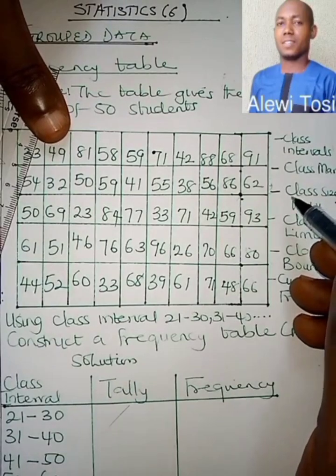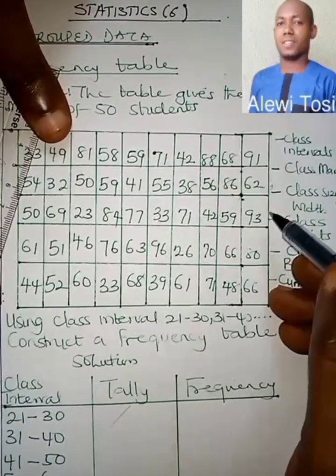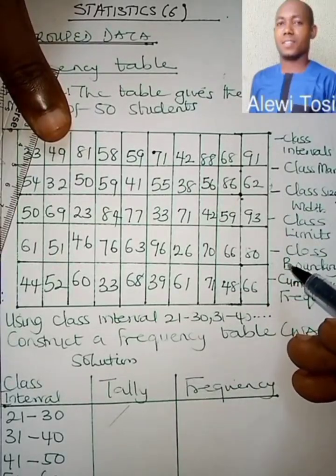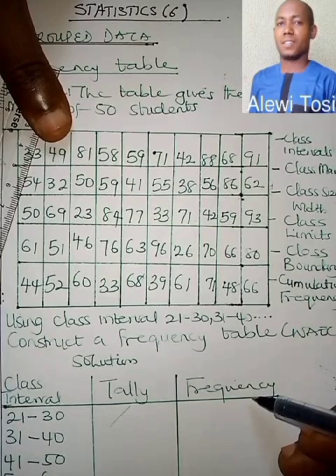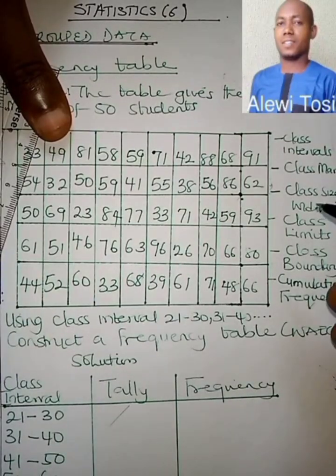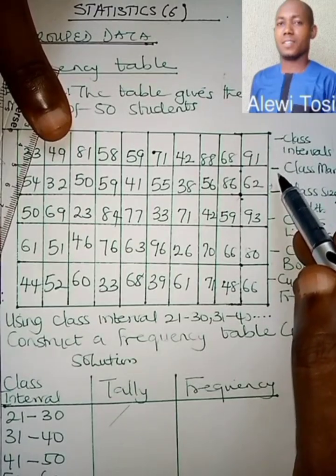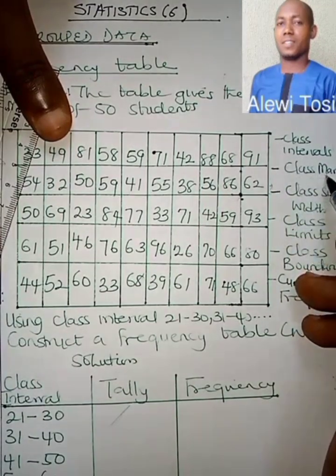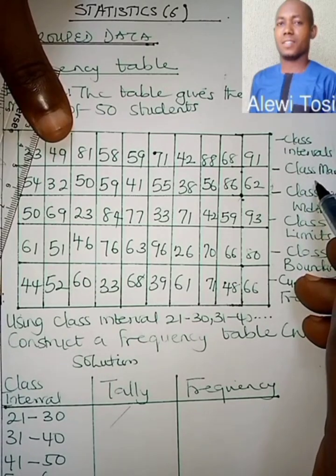Firstly, for you to be able to do well in this topic, you should be able to know how to construct your frequency table. That's the first thing. And again, you must be able to recognize your class intervals. Also be able to determine your class mark that we also call the midpoint, which serves as our X in our calculation.